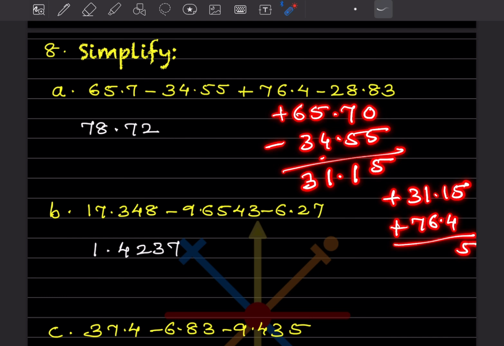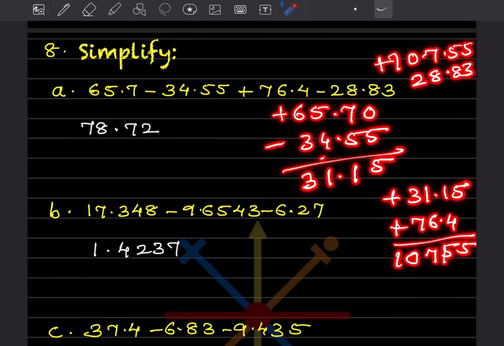So what will that be? 107.55. Then 107.55, that is plus. I will subtract 28.83, that is minus here. So the answer is going to be 78.72, but that is plus. So we don't have to write plus, so the answer is 78.72.